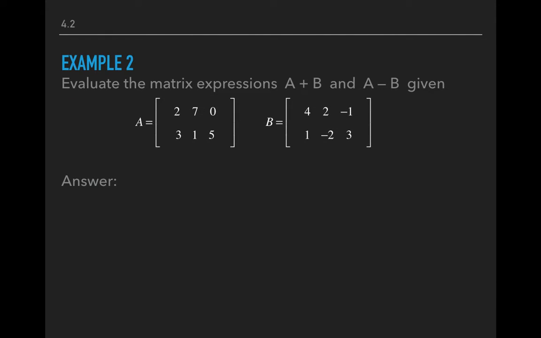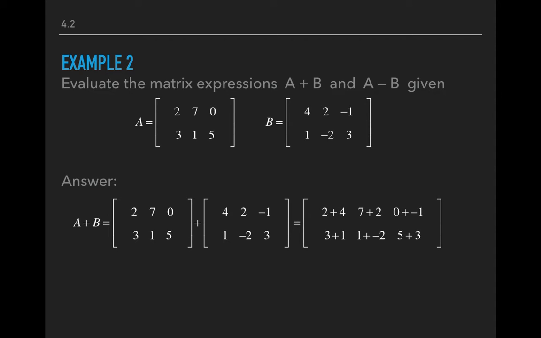Why don't we try this? Here we have two matrices, and we're going to evaluate them. We're going to evaluate the expressions A plus B, so that's adding our matrices. And then we will have A minus B, so we will subtract our matrices. Let's get started with A plus B. Notice that they both have the same dimensions. They are 2 by 3, both of them. And that means that we can add them together by adding the corresponding elements.